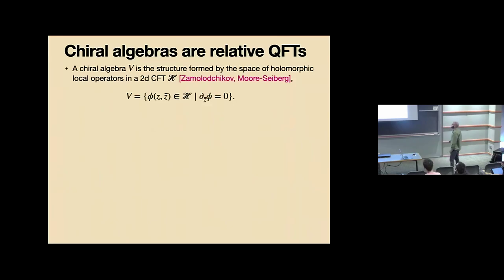A chiral algebra is a structure that you can associate to a 2D conformal field theory, which just consists of the holomorphic local operators of the theory. And every 2D CFT has a non-empty chiral algebra simply because the stress tensor is always in it, and also the derivatives of the stress tensor and all of its descendants. So you always have this big infinite dimensional algebra lying around that you can organize the physics with respect to, and that's what we'll do.